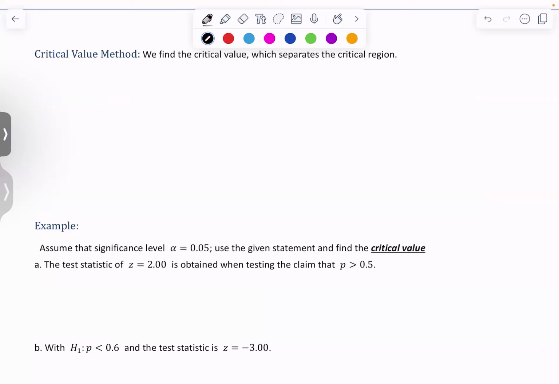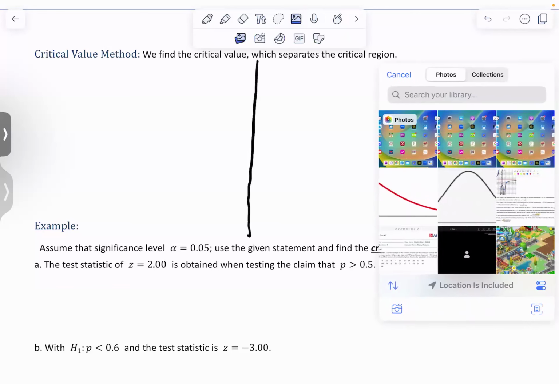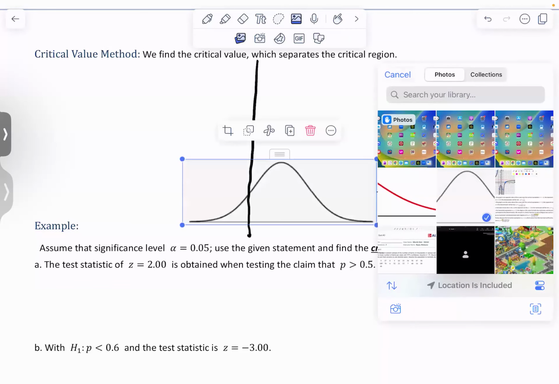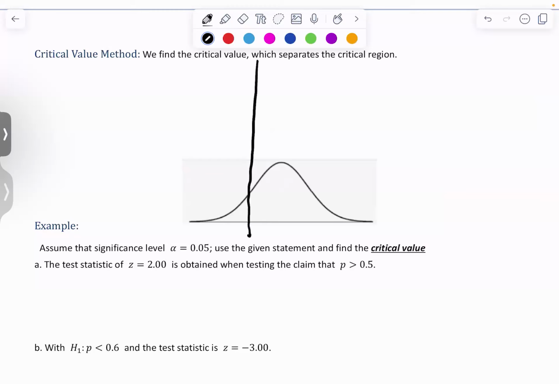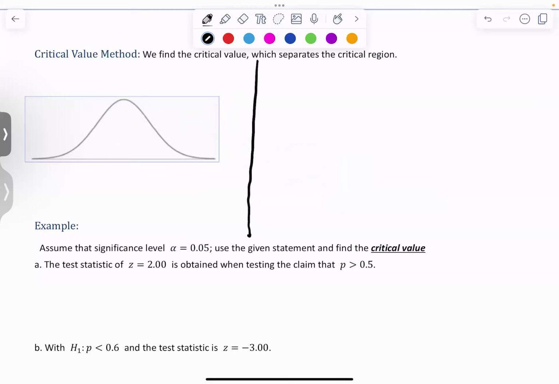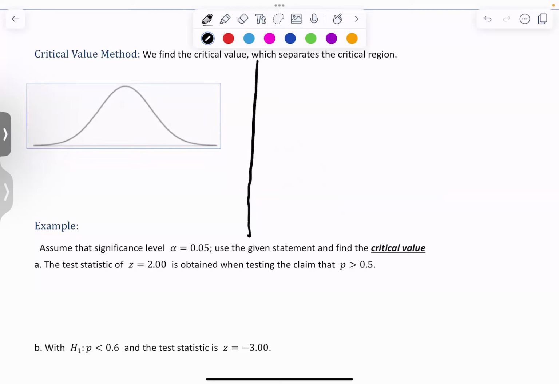And I'm going to go ahead and draw it again. Here. All right.